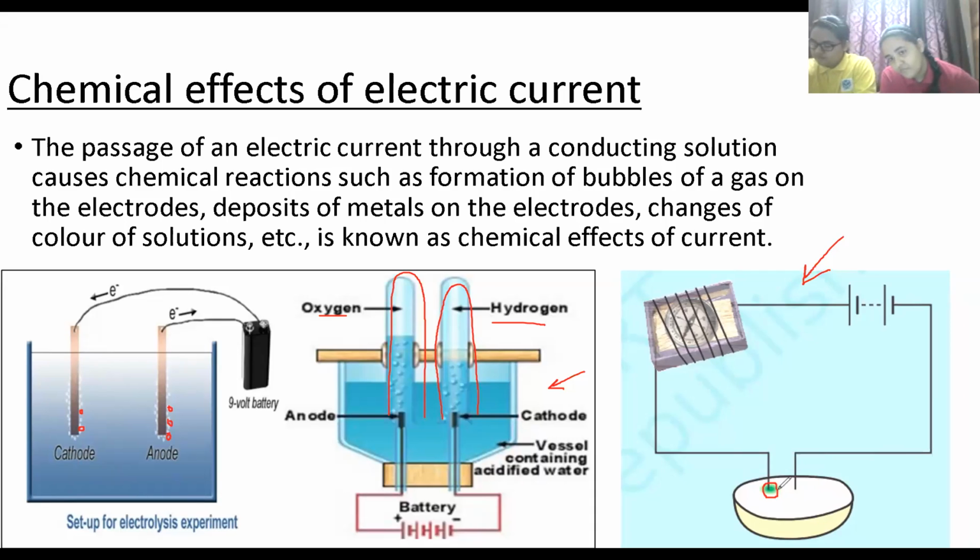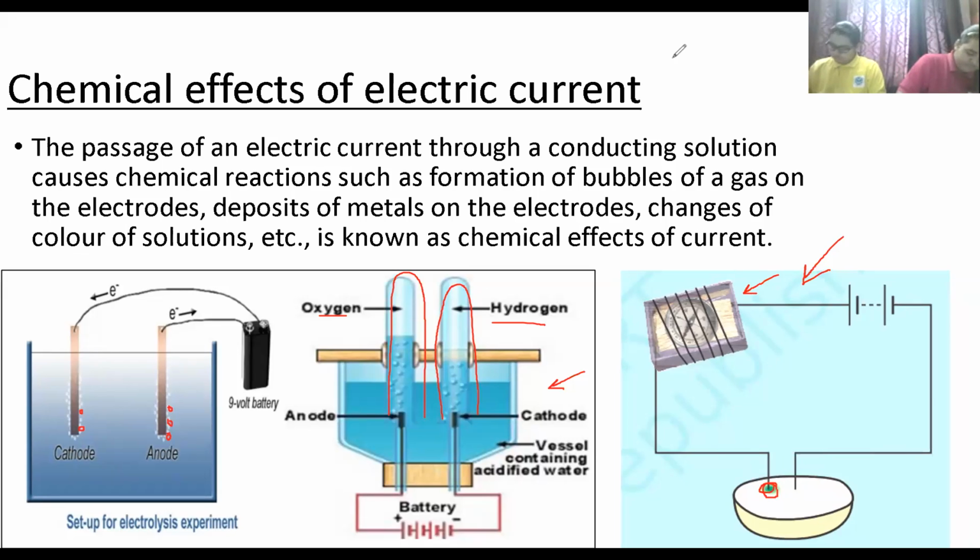And this happens with various vegetables because these vegetables have some chemicals due to which the current can pass. And here a magnetic compass is used to check whether current is passing or not. The current passes through a few vegetables. So it is also an example of chemical effects of electric current because there is a change in color.